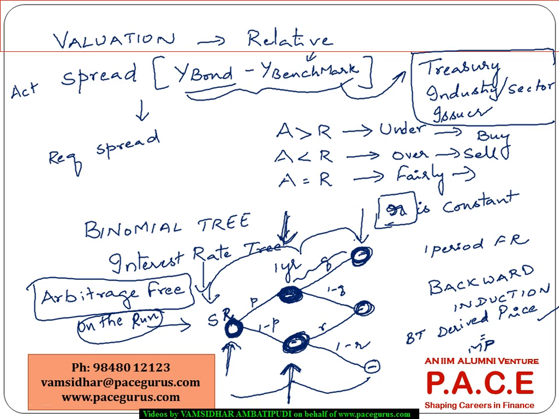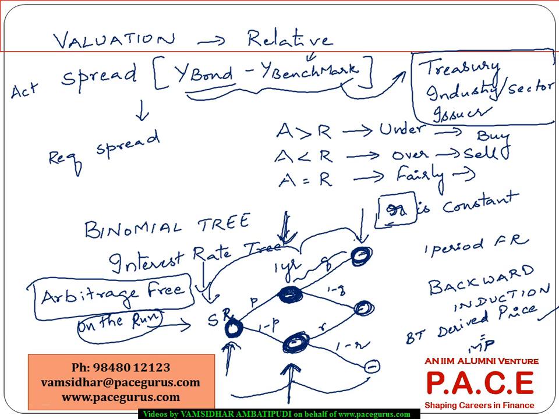So the interest rates, the probabilities, all these unknowns are obtained based on this arbitrage free valuation model. By considering the appropriate on the run treasury securities, we generate this interest rate tree. It's a very tedious process, so generally we use computer programs and software to develop these interest rate trees.